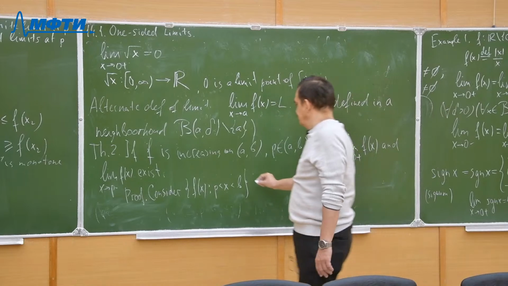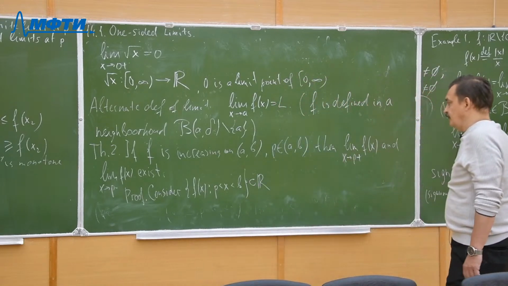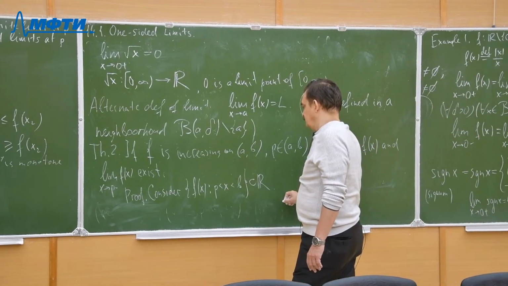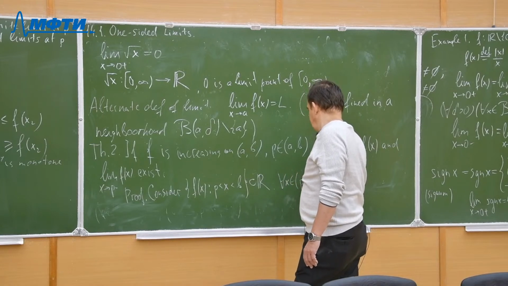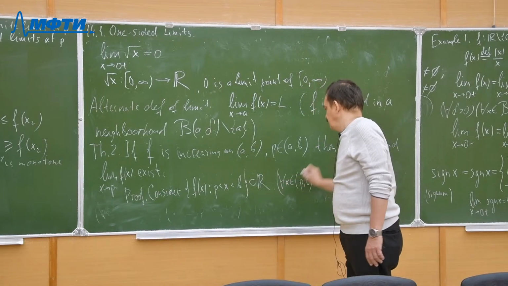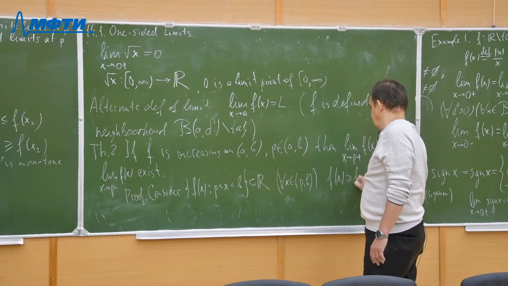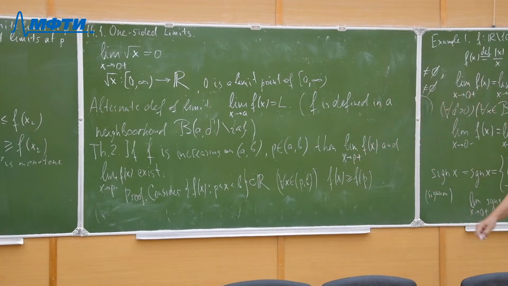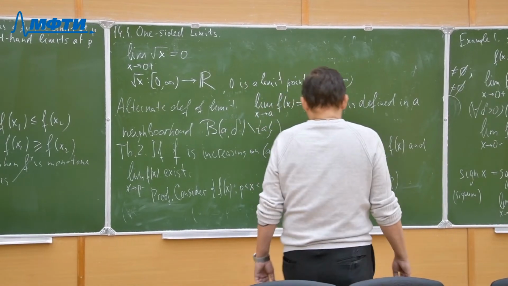That is a real set, and for all x from the interval (p, b), we have an inequality f of x greater or equal than f of p, because the function f is increasing.